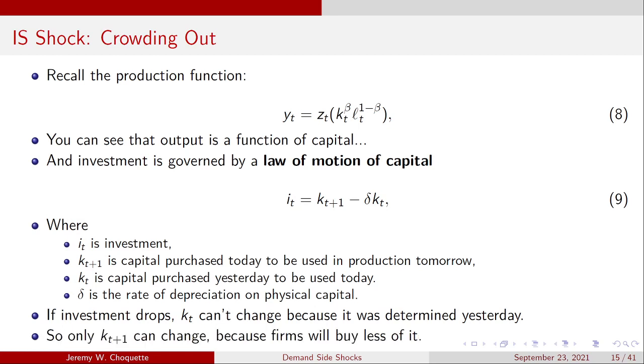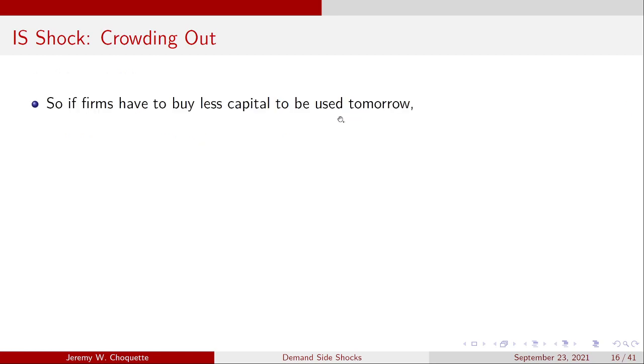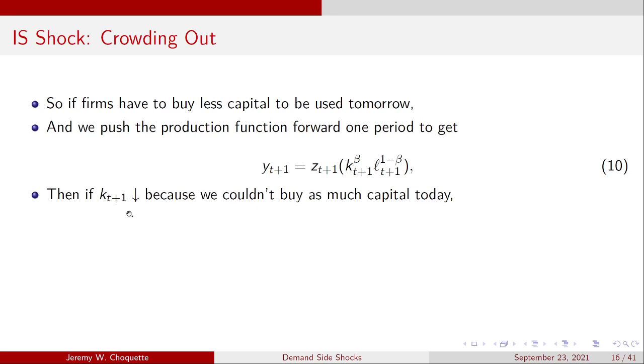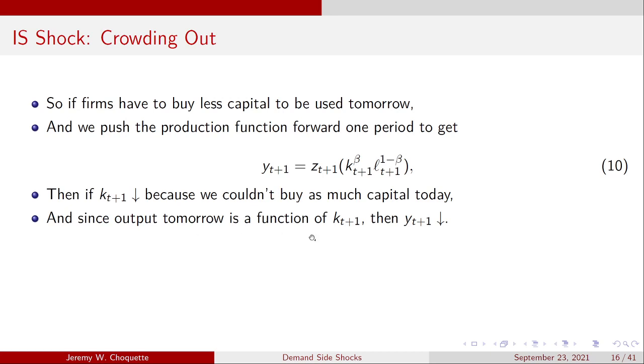Then firms buy less capital. There's less capital going into the production function. You've got less capital that can be used tomorrow. So if I push this production function forward one period, so I just add 1 to every T subscript, I get this KT plus 1 here. KT plus 1 went down because I couldn't buy as much capital today. Since output tomorrow is a function of KT plus 1, then YT plus 1 goes down.